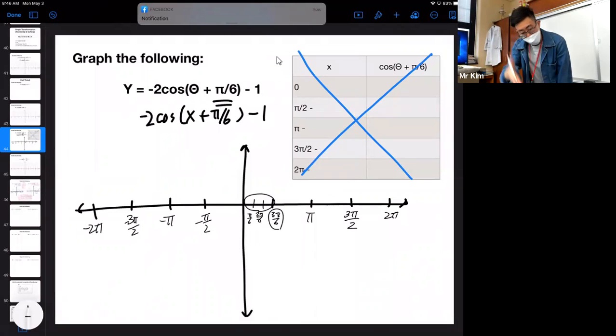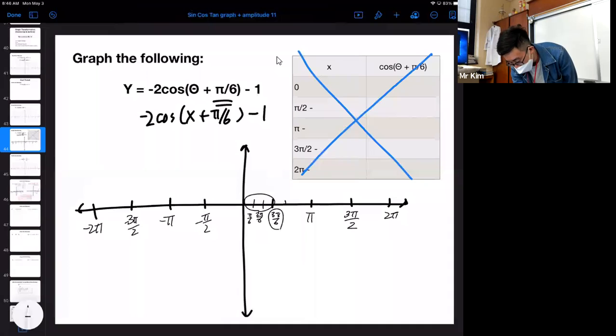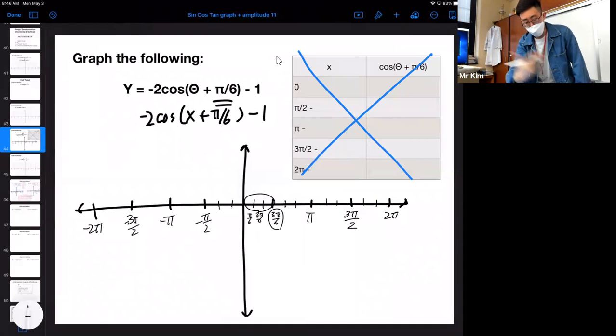So instead of cutting into halves each time, cut every one of these into 3 pieces. Then we can see I have to move left by pi over 6, and now we can all see where to start from.